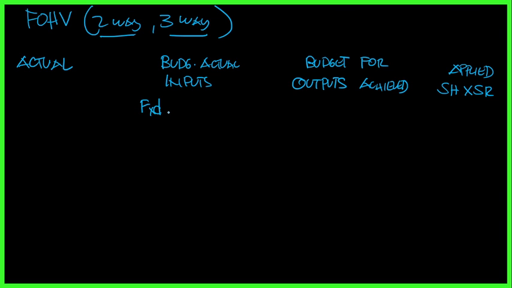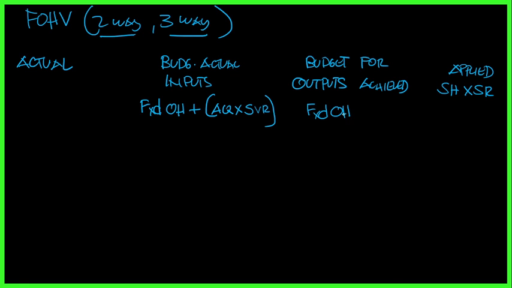This will be composed of your fixed overhead plus your actual quantity times the standard variable rate. Okay, let's try to fix this. Standard variable rate. And for this one, you will have your fixed overhead.